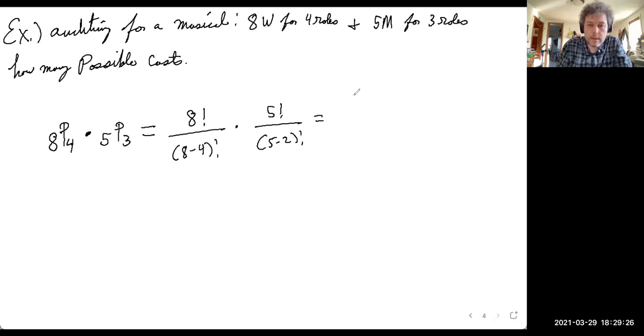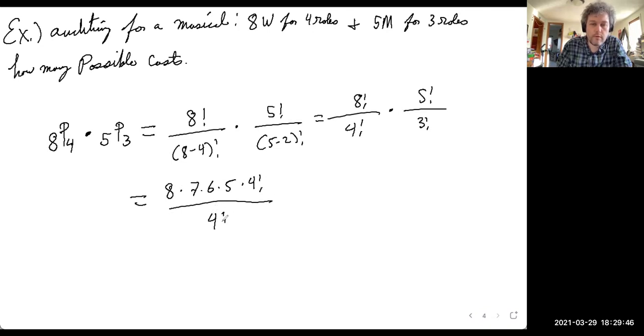So let's see what that would be. That's 8 factorial over 4 factorial times 5 factorial over 3 factorial. And let's see what we get. So I can go 8 times 7 times 6 times 5 times 4 factorial over 4 factorial, and that cancels. So I can get rid of that.